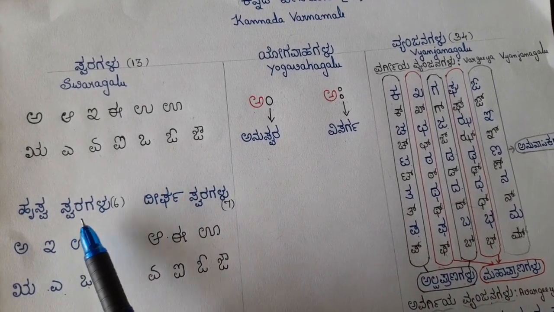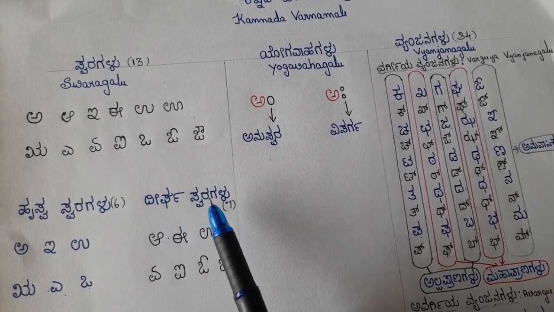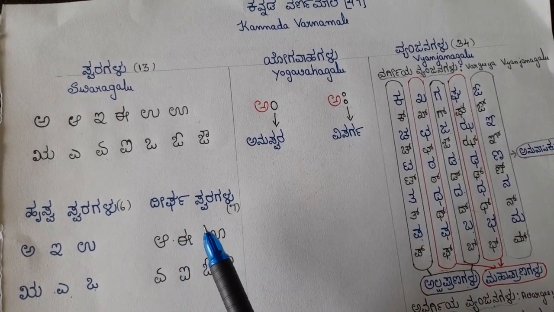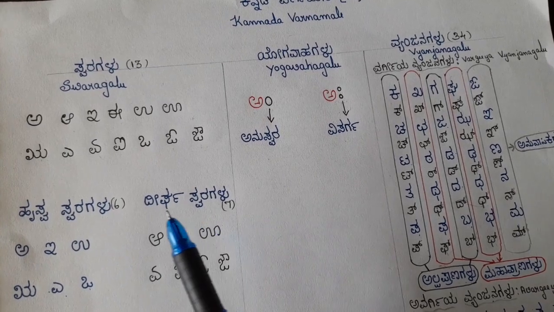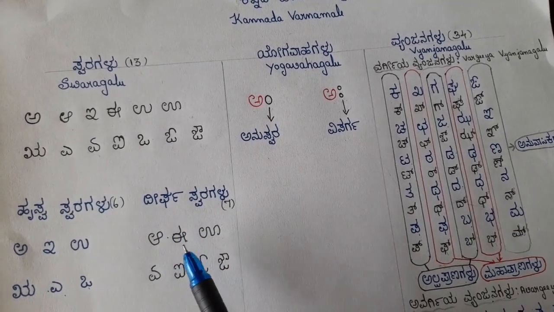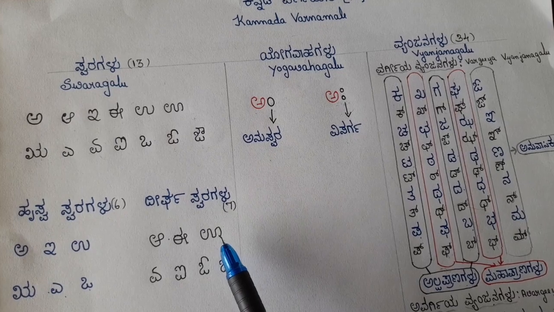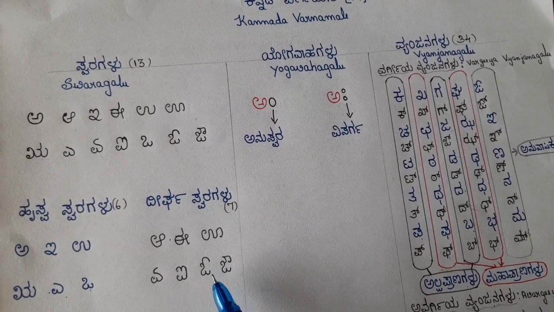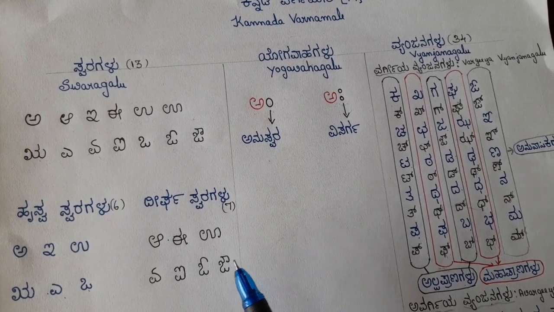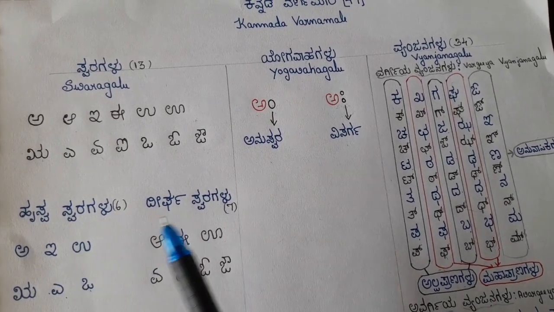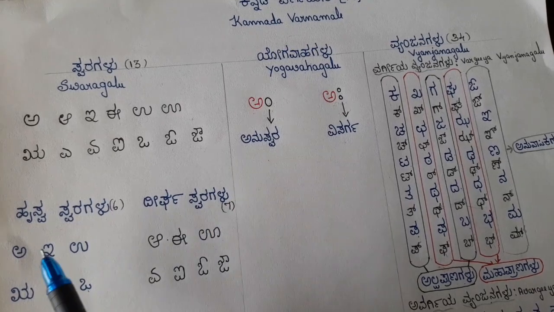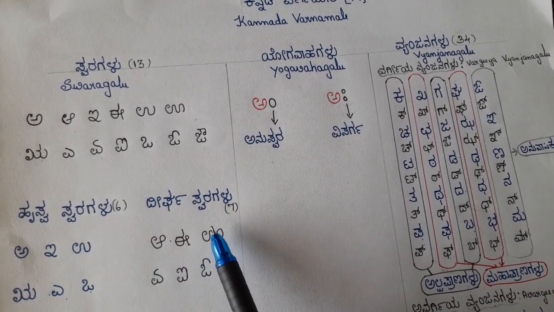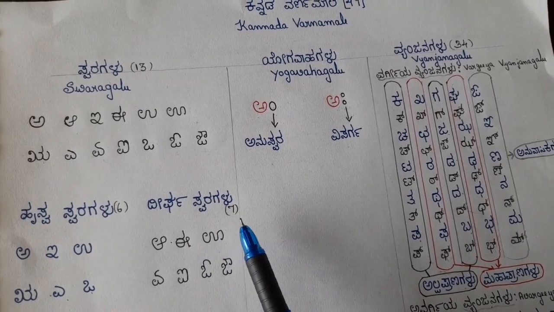Dhirga Swaragalu are pronounced a little bit longer than Hrisva Swaragalu, like aa, ee, oo, ae, ai, o and au. So Hrisva Swaragalu are pronounced shorter and Dhirga Swaragalu are pronounced a little bit longer.